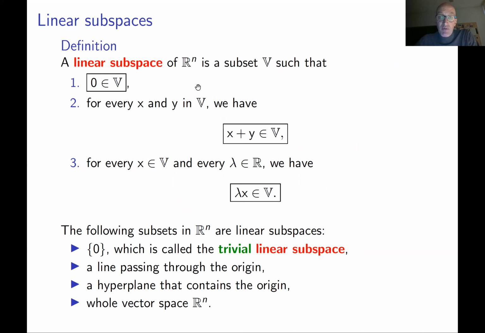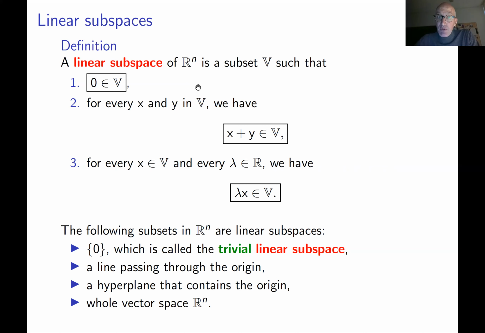First of all, a very important example: the zero vector forms a linear subspace. Sometimes people call it the trivial linear subspace. You can check that all these three properties are true in this case, because there is only one vector in this vector subspace.